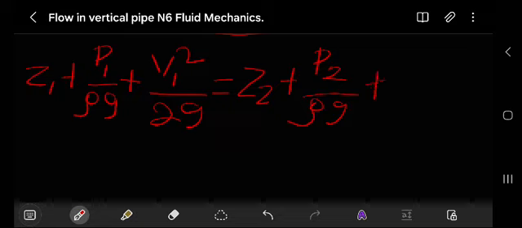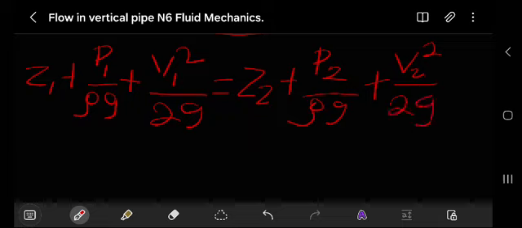This must be equal to Z2 plus P2, some use PR1, PR2, but it's one and the same thing, divided by rho times gravity, plus V2 squared over 2g.